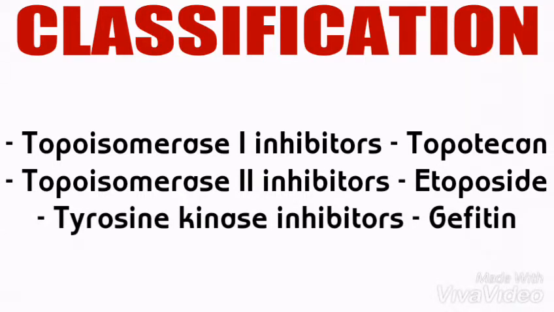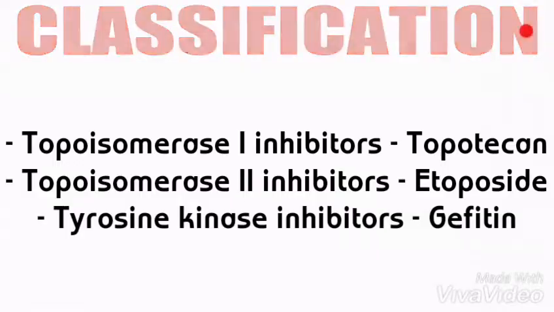We also have tyrosine kinase inhibitors. Example of drug that you can find under this group is gefitinib. So you should note that all these drugs that I've mentioned under cell cycle specific drugs, they work on the G1 phase. That's where you find the synthesis of enzymes.